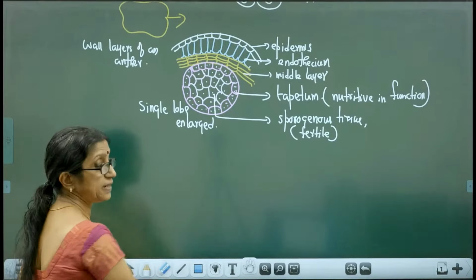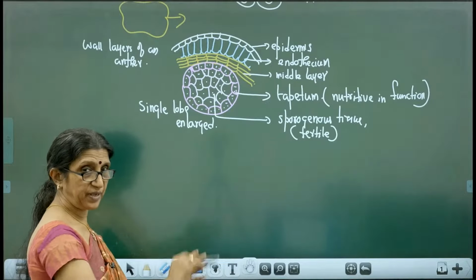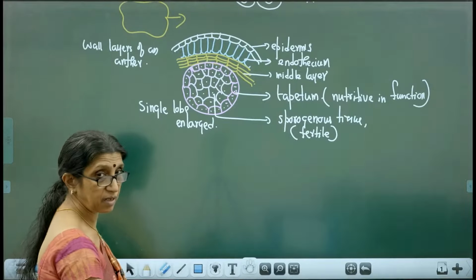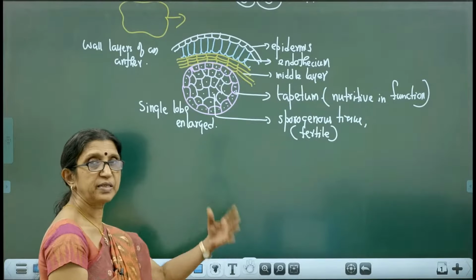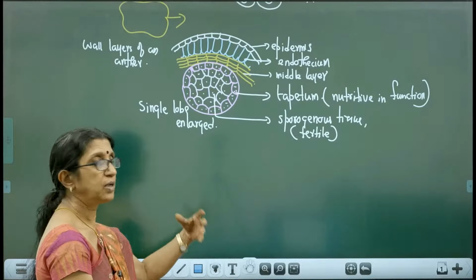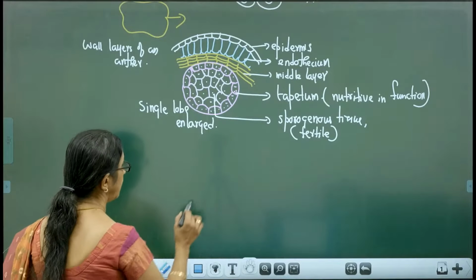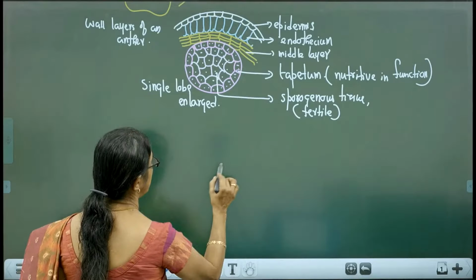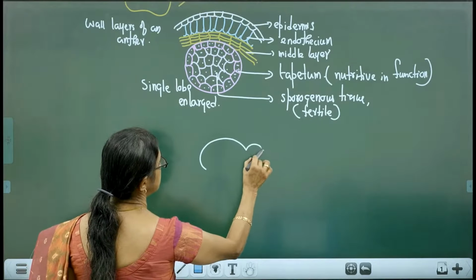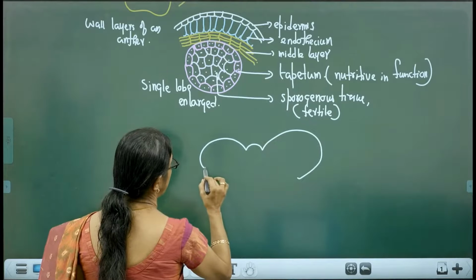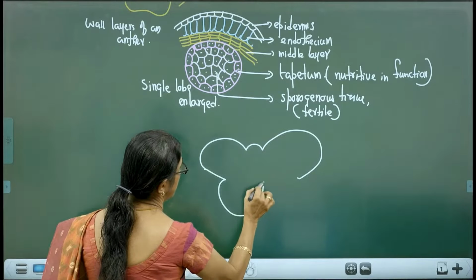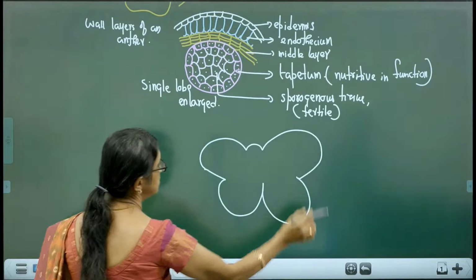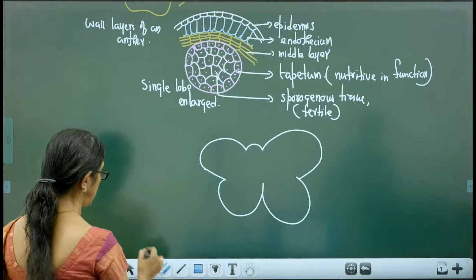So if we take the cross section of an anther, we can clearly see the four lobes with all layers of anther. So in cross section, it appears like this. The sectional view, okay.